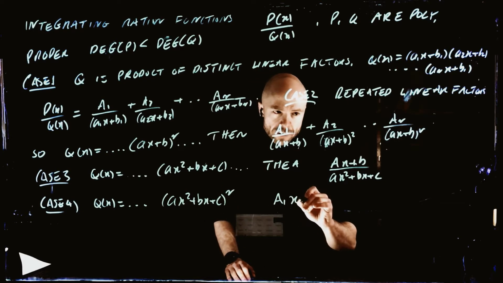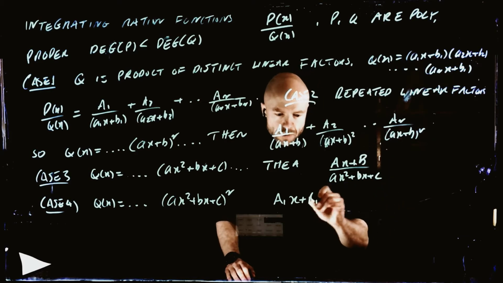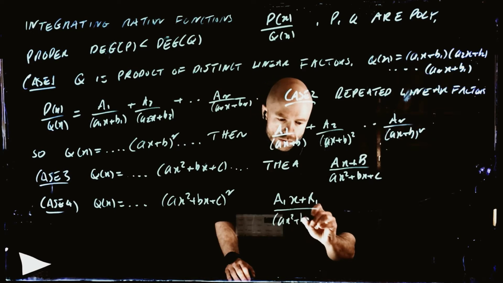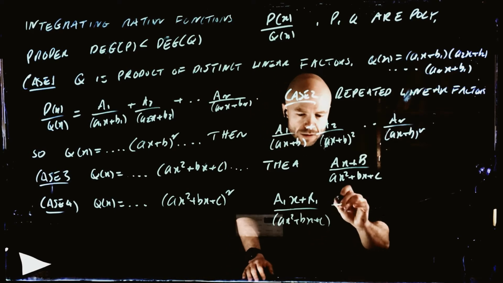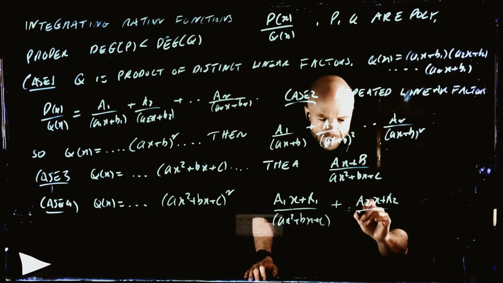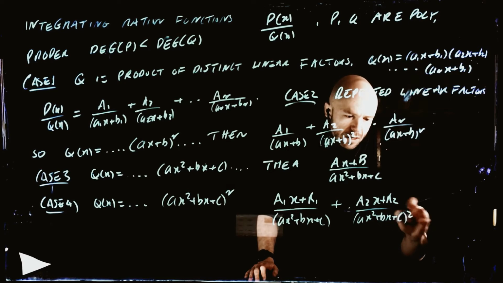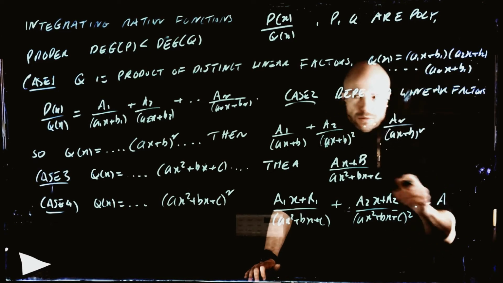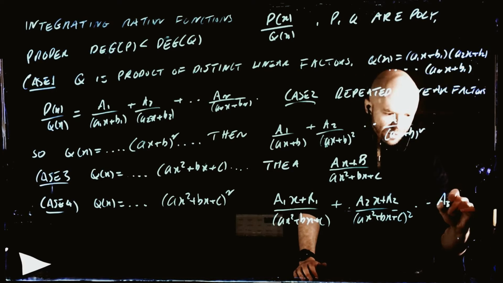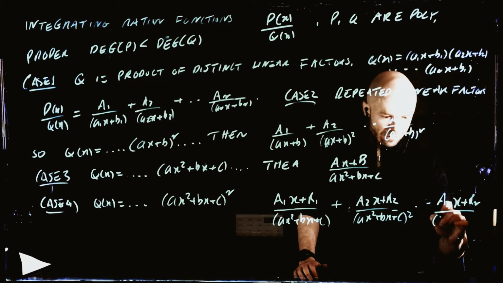So we're going to have A1, let's put this capital B, over the first power, and then over the second power, and so on, however many powers there are. So it's kind of analogous to case 2. And this is the hardest case, and it's the least likely, but it's not impossible that you see this.